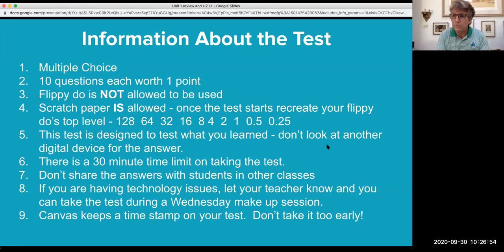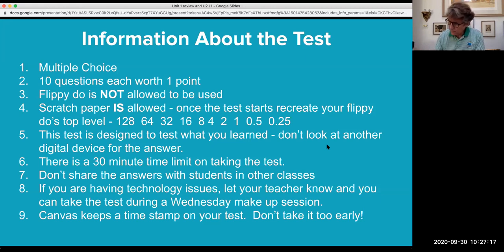So what you do when you sit down, if you cannot bring your flippy-do, is you just write it out. You write out the basic numbers of the flippy-do. So how does that work? A flippy-do for just 1 byte starts with 2 to the 0, start on the right-hand side and work your way left because you're dealing with binary numbers.